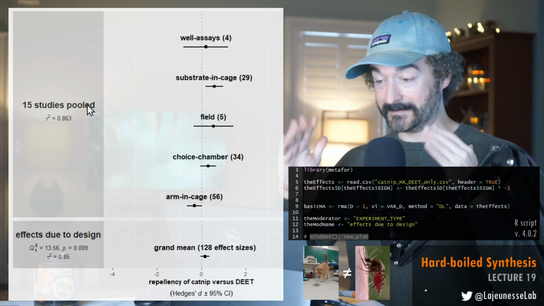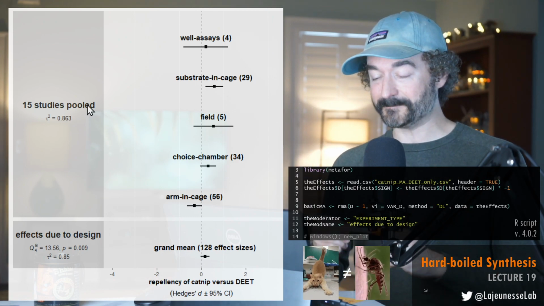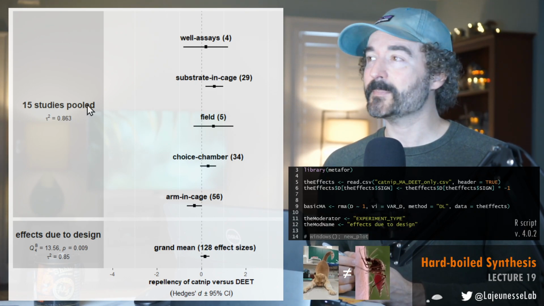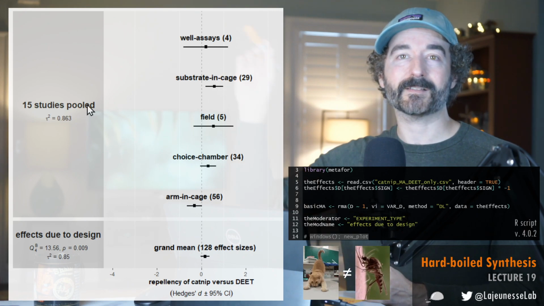For the test here, we rely on a QB test, a type of heterogeneity test that evaluates differences between groups.